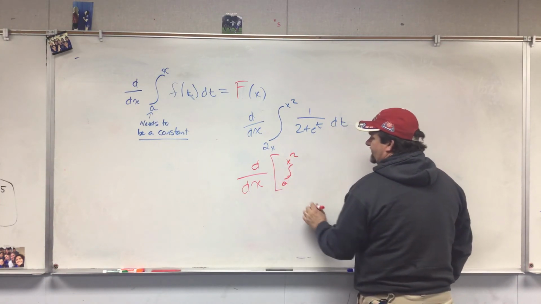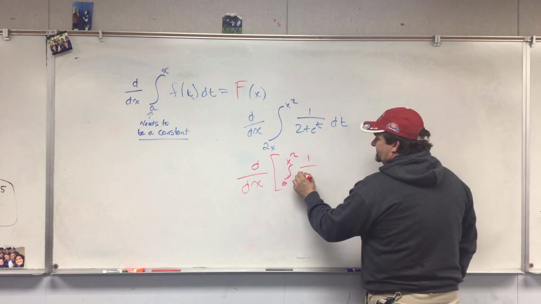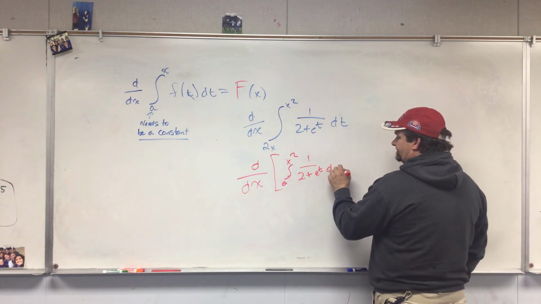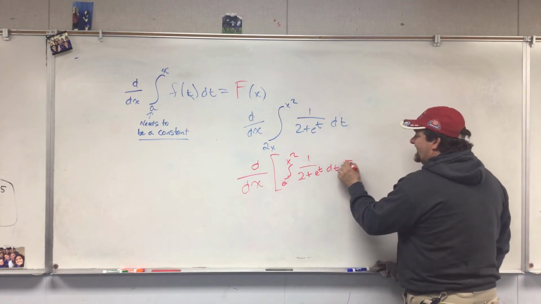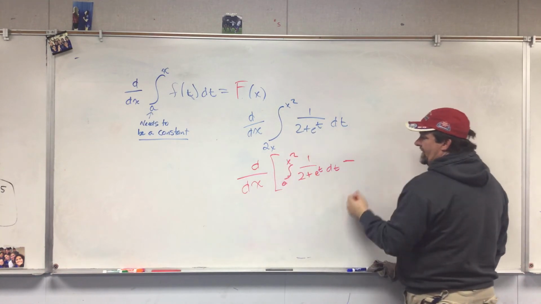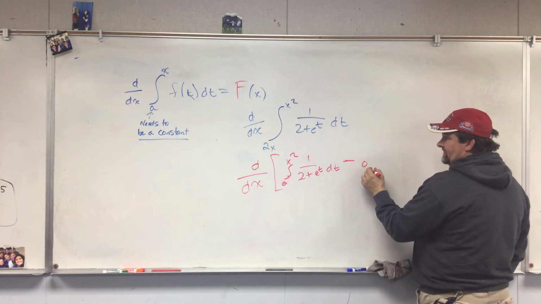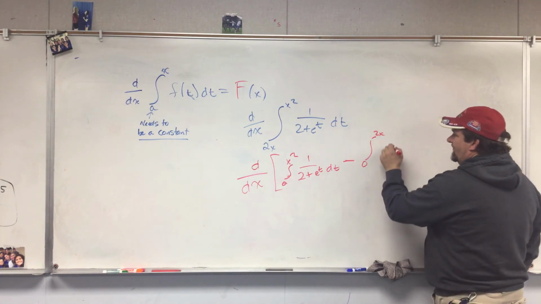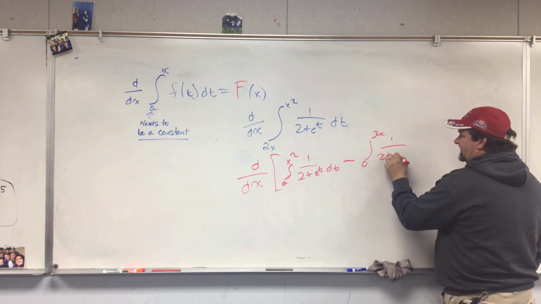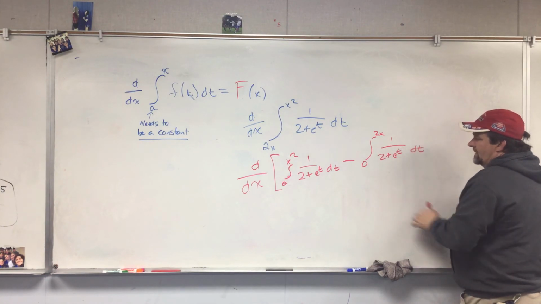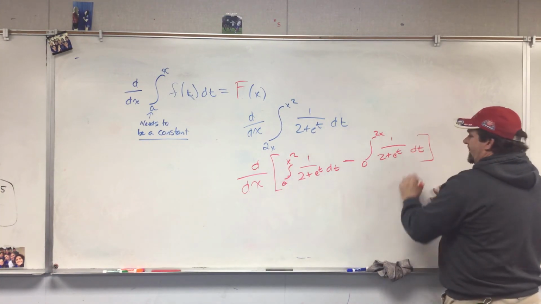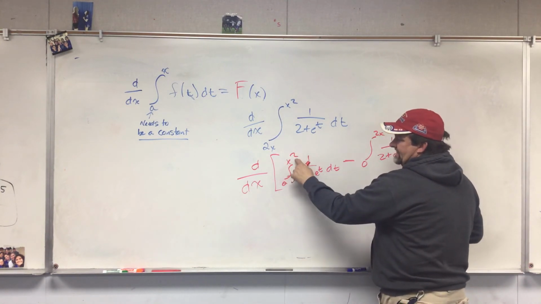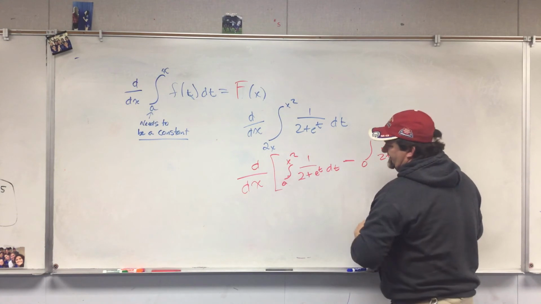There's my constant of 1 over 2 plus e to the t dt, minus, upper boundary, lower boundary, minus from 0 to 2x of 1 over 2 plus e to the t dt. Now all of a sudden I've got my constants where I want them. I still have to worry about this one right here because it's a composite function, so I know I got to deal with du.